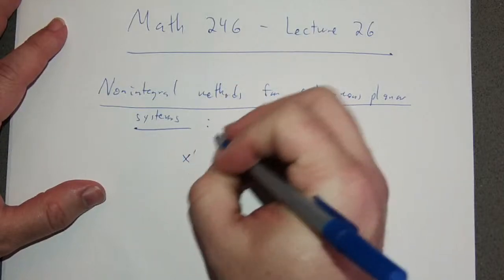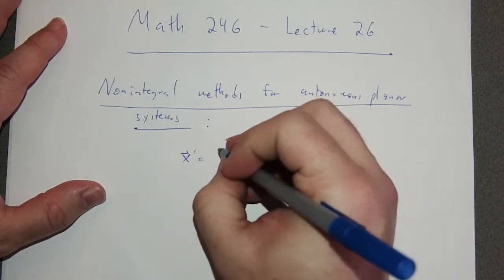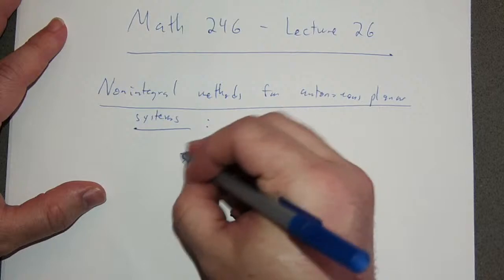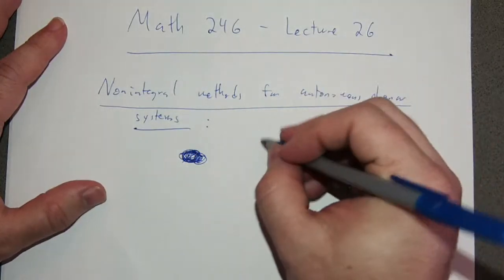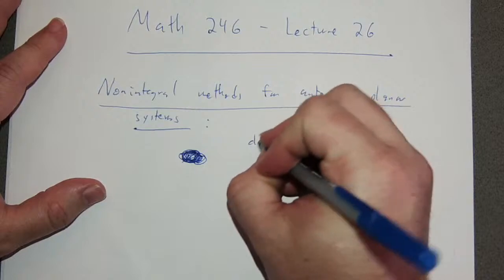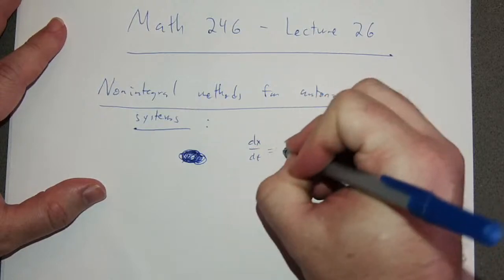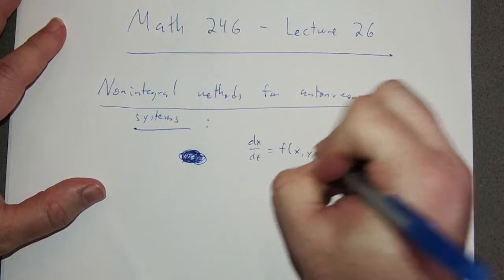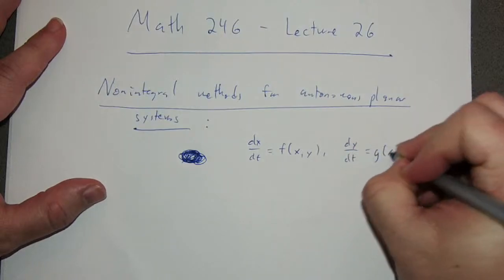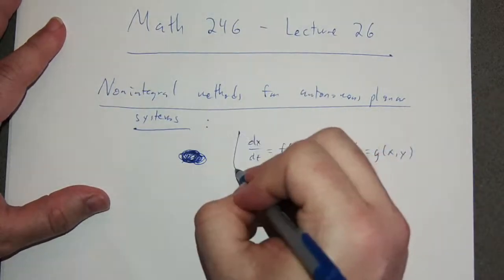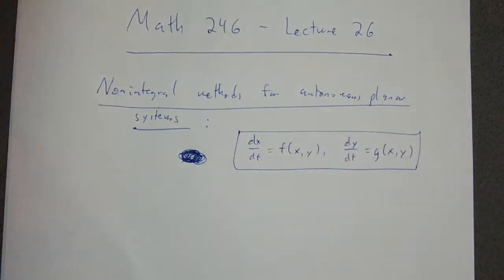So we'll say x prime is f of, hold on, let's rewrite this differently. Let's write this as dx/dt is f of x,y, and dy/dt is g of x,y. Okay, so here's our autonomous planar system.